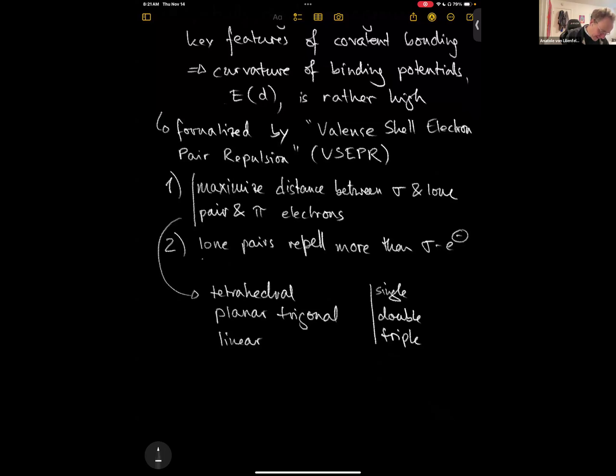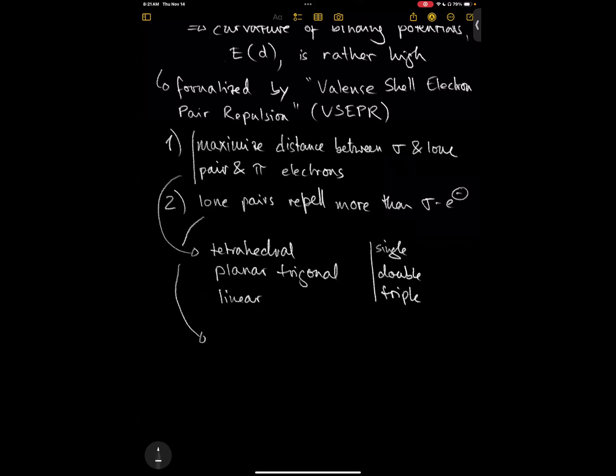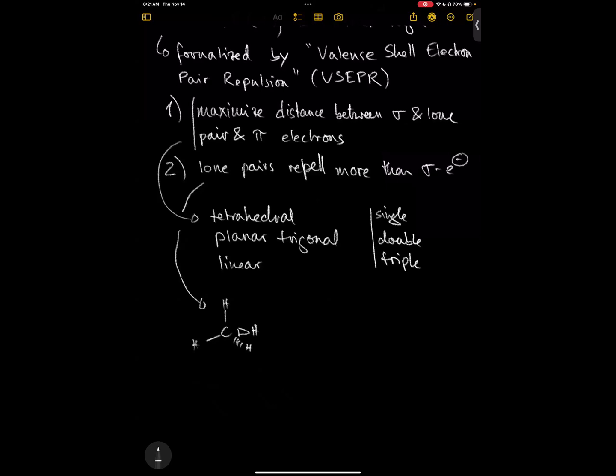And the lone pair rule explains why, if you consider methane, the angle in methane, the hydrogen-carbon-hydrogen angle, is 109 degrees.